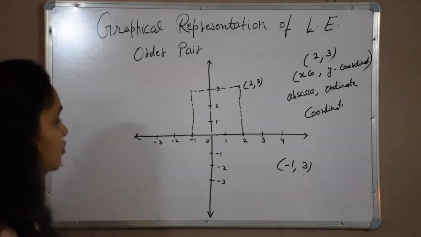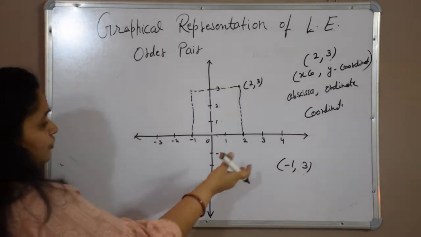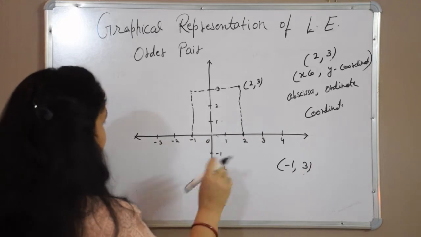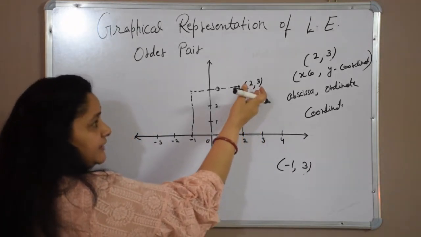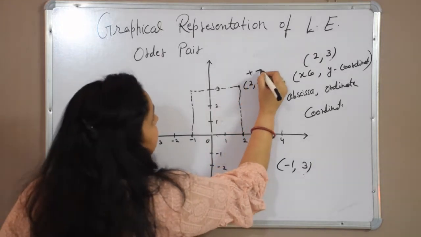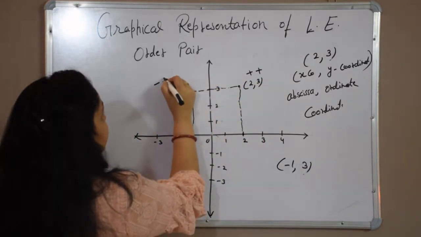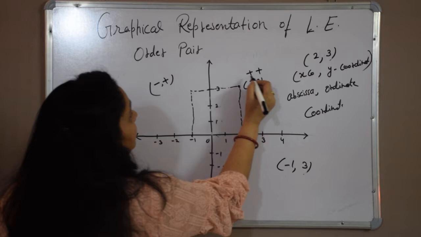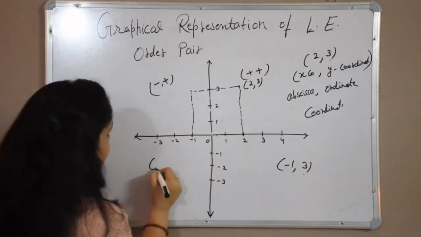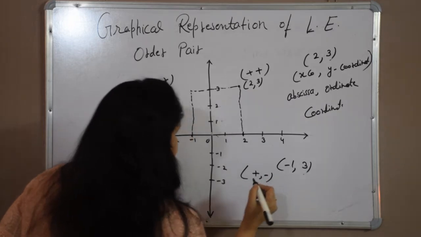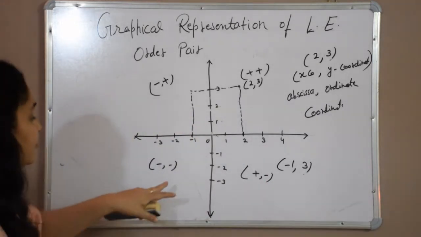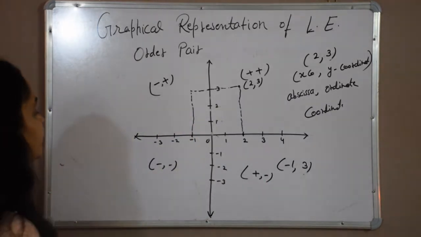I will take two more examples for the third and fourth quadrants also. See, here both were positive. Earlier I told you, here we consider plus plus, here minus plus, here minus minus, and here plus minus. So now I am taking an example of minus minus in the third quadrant.